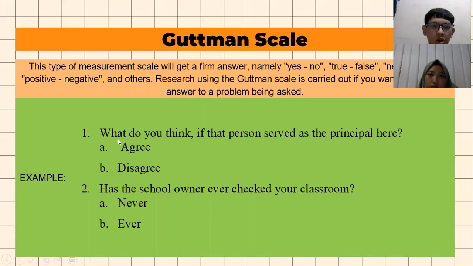For example, what do you think if that person serves as a principal here? So the one who is given this instrument should answer agree or disagree. The second example is, has the school owner ever checked your classroom? No, never or ever. Okay.